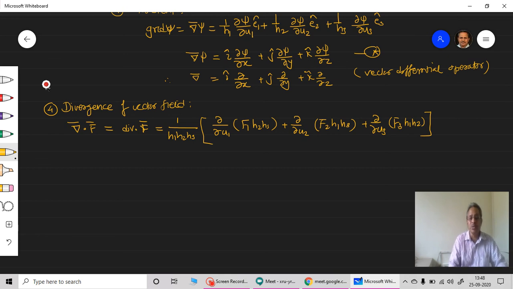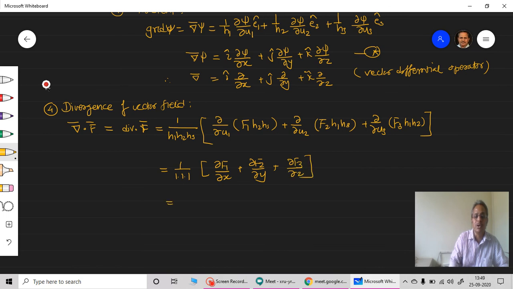Now I know h1 h2 h3, I know u1 u2 u3, and therefore using this I can find it out. This is a very simple expression: it is 1 upon 1 into 1 into 1 multiplied by, again h2 h3 is 1 1, so this becomes del f1 upon del x plus del f2 upon del y plus del f3 upon del z.